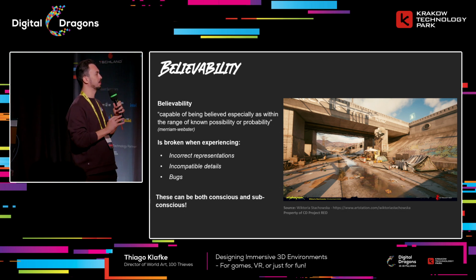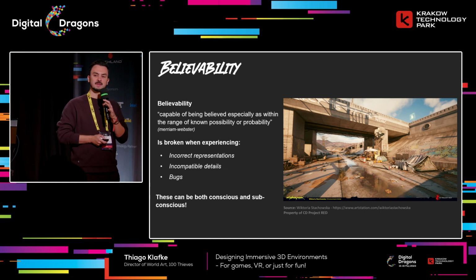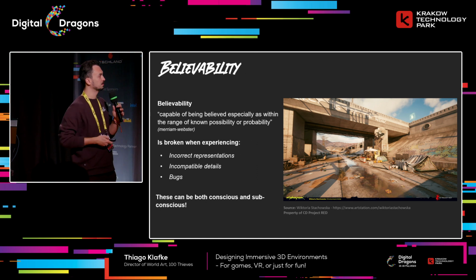The prop placement, like a homeless camp, the way the trash is distributed, it makes sense. That's the right kind of concrete they use for the highways, and that's how the mountains look in LA. In a real place, they're much further, you don't see this kind of view. But nothing here is out of place, so that's a really good example I found.